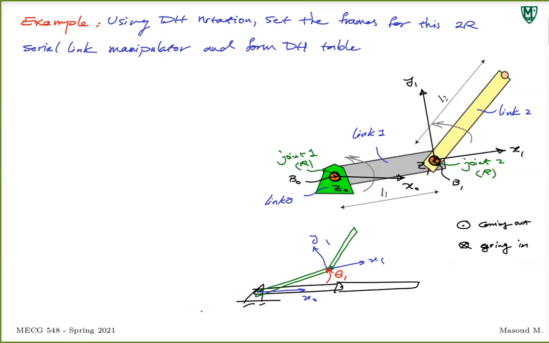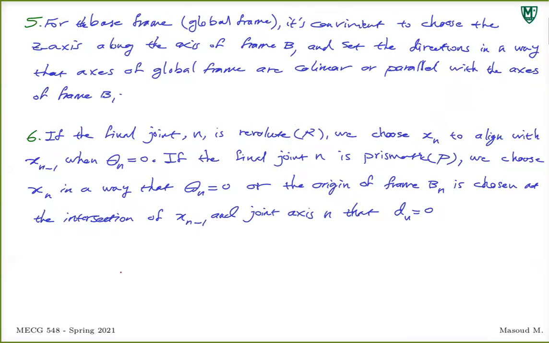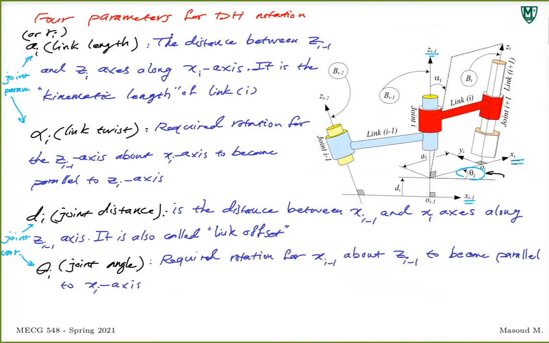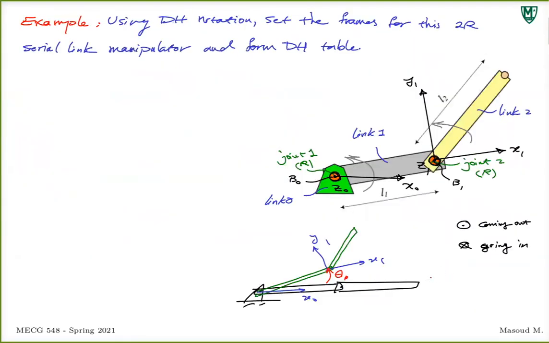Going back to definition, going from x0 to x1, the angle you need for that rotation would be theta 1. And you want that angle to be 0 in the rest position. It's possible by just setting x1 in the horizontal direction. That's how I decided about x1.